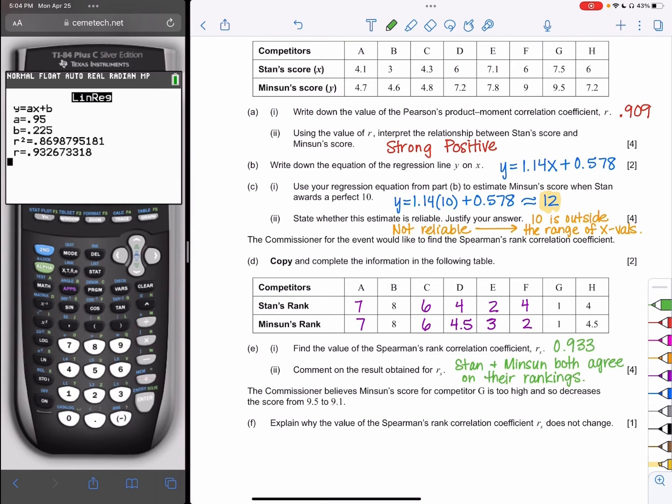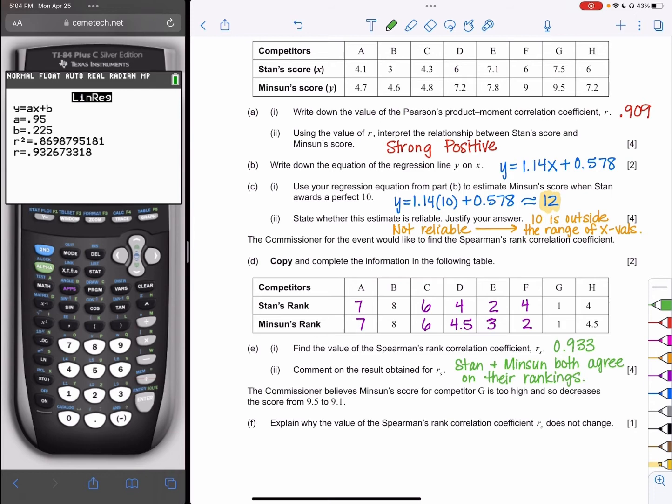All right, now for part F, it says the commissioner believes Minsun's score for competitor G is too high, and so decreases the score from a 9.5 to a 9.1. It says, explain why the value of Spearman's rank correlation coefficient, r sub s, does not change.